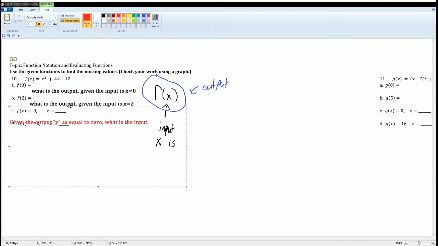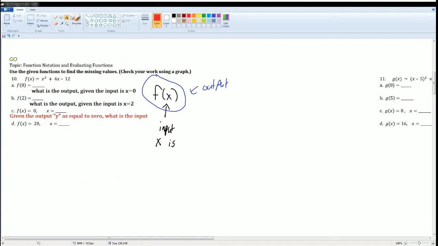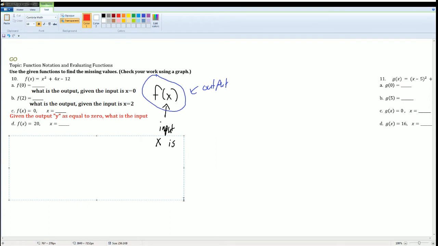Same thing for the second one. It says given the output, which is the y, equals 20, what is the input? Okay, this is just function notation, right?